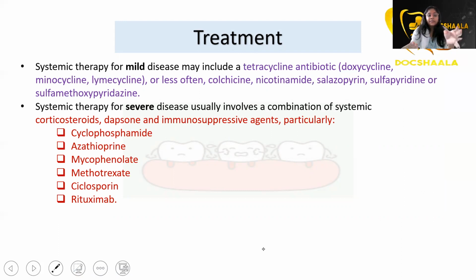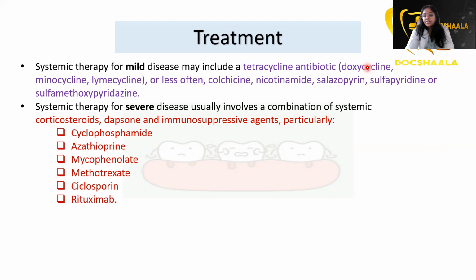But even the patient is undergoing autoimmune, like there is immune suppression going on, so we have to treat that also. For that, in case of mild disease, we use tetracycline antibiotics such as doxycycline, minocycline, and lymecycline. Or less often, colchicine, nicotinamide, salazopyrin, and sulfapyridine or sulfamethoxypyridazine can be used.